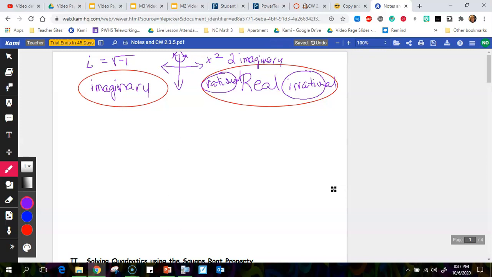I also want to talk to you about the set of irrational numbers, and I think last week I talked about it just a little bit. Rational numbers can be expressed as a fraction.